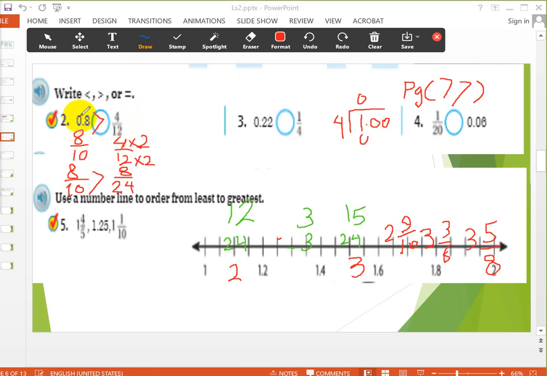So look, 0.8 is 8 over 10. That means this is a fraction and this is a fraction. To compare between fractions, you have a strategy. You have to follow the strategy. So I have to make the numerators the same or the denominators the same. Here the easiest choice for me is to make numerators the same, because I can make 4 into 8. So I can multiply 4 by 2, so it will become 8.